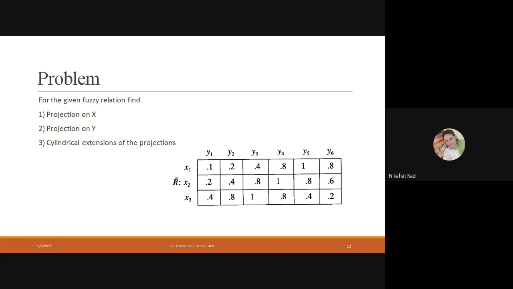Okay. So of course you are going to take the max row wise, right? It's 1, 1, 1. Fine. And what about projection on Y? It is column wise.